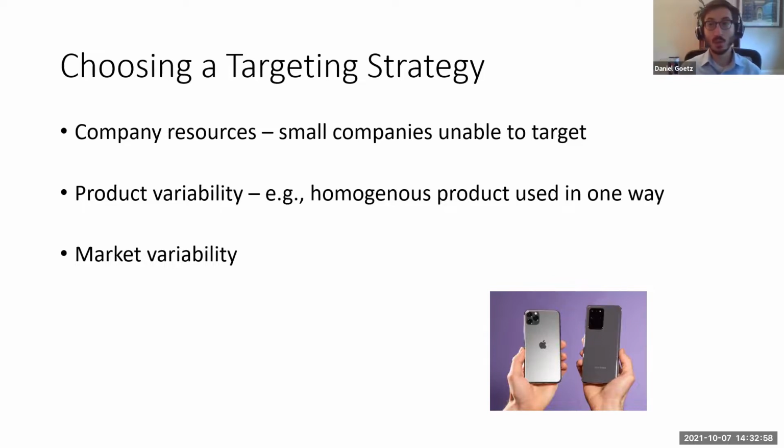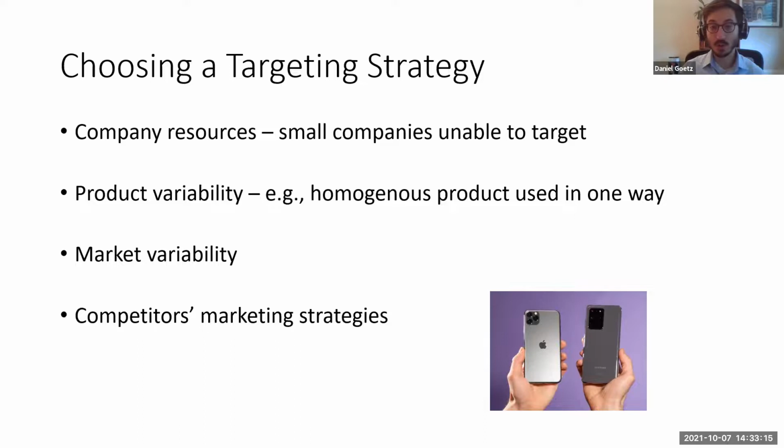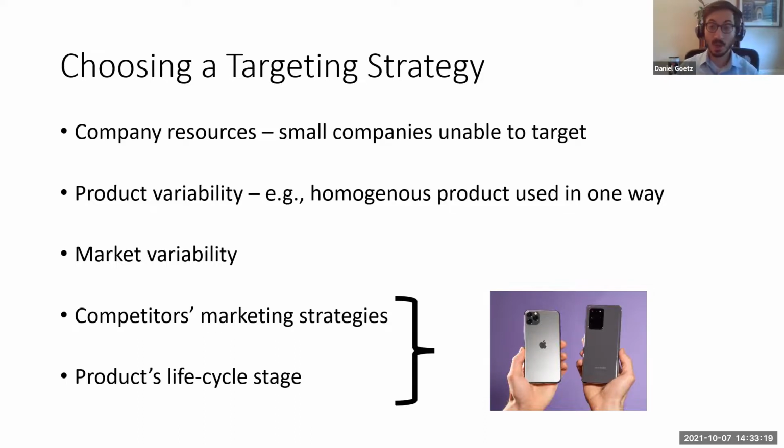Think about things related to Halloween or the holidays. These all require a differentiated strategy. You may also want to care about your competitors' marketing strategies and your product's life cycle.